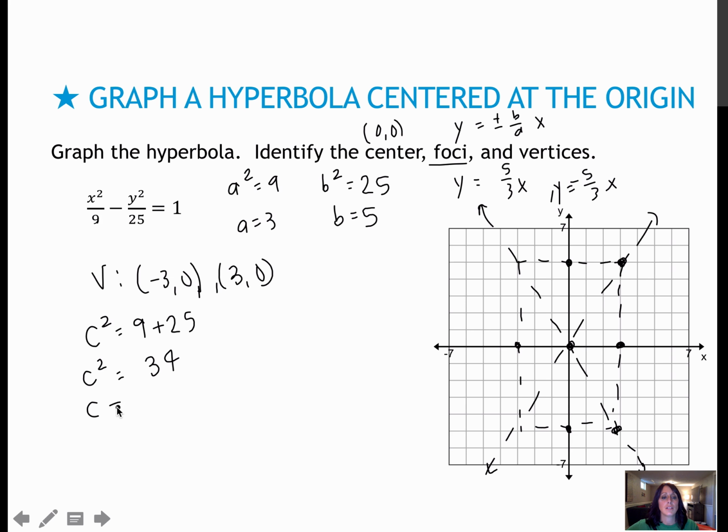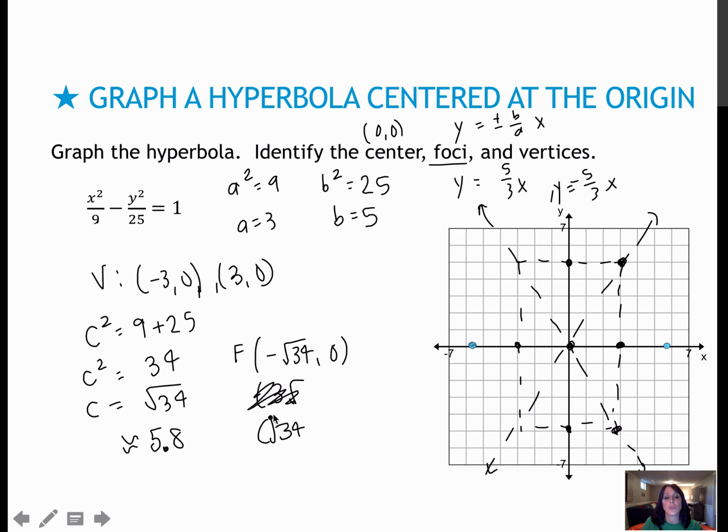So c is the square root of 34, which is approximately 5.8. So again, that means from my center, I'm going to go 5.8 in each direction. If I'm telling you what those points are, it's negative radical 34 comma 0 and positive radical 34 comma 0. Those are those 2 points.